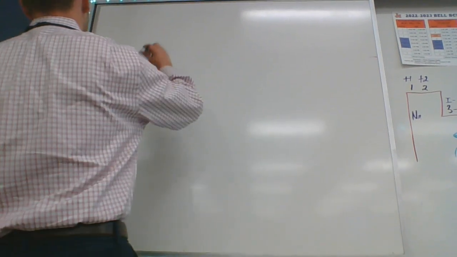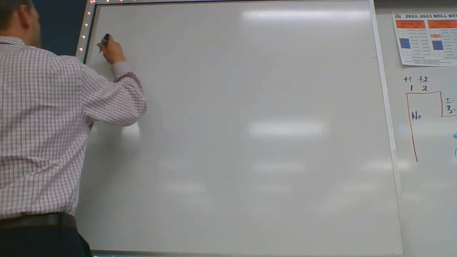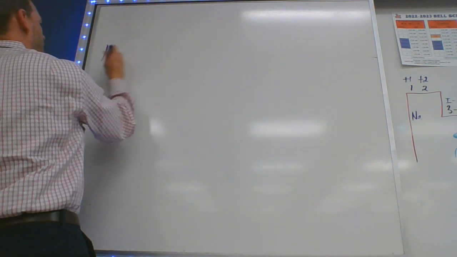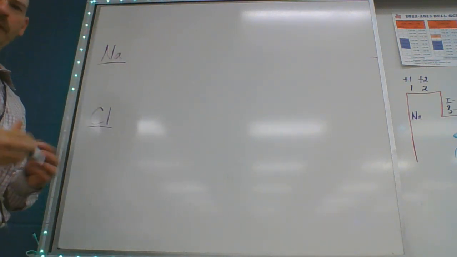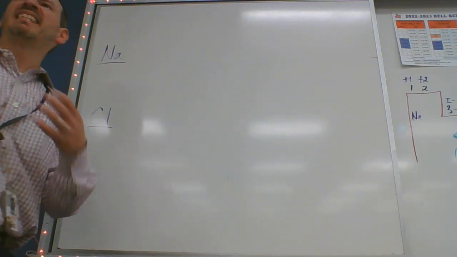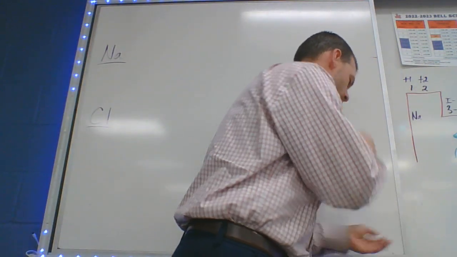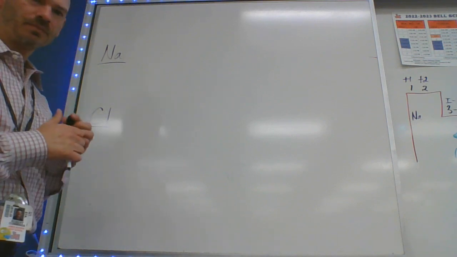So here's what I'm going to do. In the margin of your notes, I want you to put sodium and chlorine kind of separate from each other. And I'm going to build a tally system as I draw some of these guys to do the octet. You'll see what I mean.